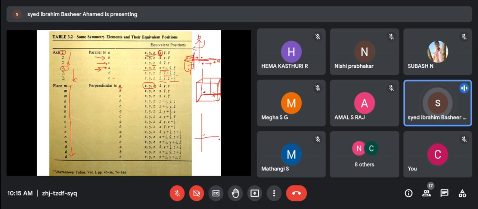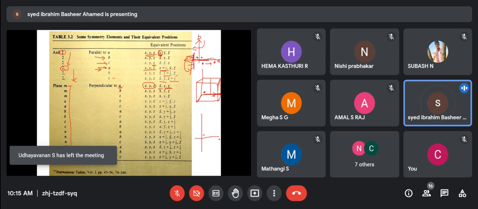The thing is, you are changing the coordinate of X. It is lying at the same place with respect to the Y and Z axes, so the sign will not change for Y and Z. Wherever you have a plane perpendicular to an axis, only for that axis the sign will change.